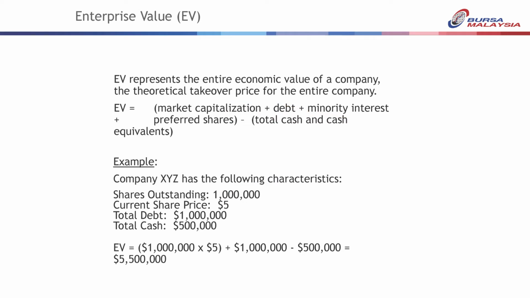The way to calculate enterprise value: take market capitalization, add minority interest, add the preference shares, and minus off cash and cash equivalents. Now why minus off cash? Because if you are a private investor putting on the hat of someone who wants to buy over the whole company, you will assume the debt.